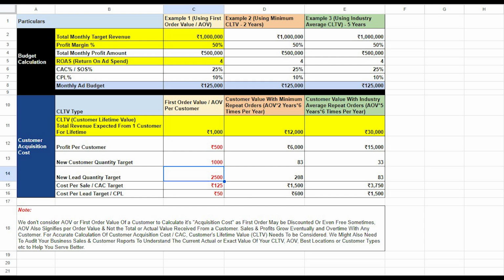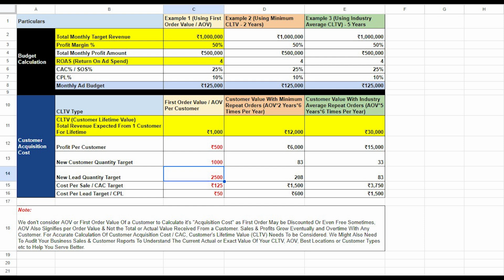Now, how we are going to spend those 1,25,000 which we calculated will make all the difference. For that we need to know how much a customer brings in, right?